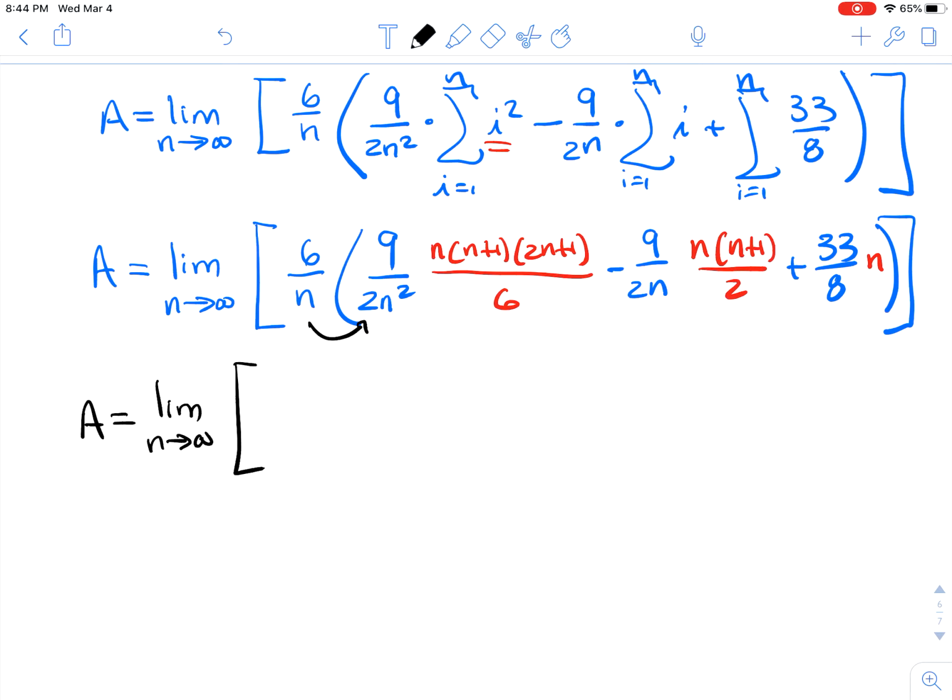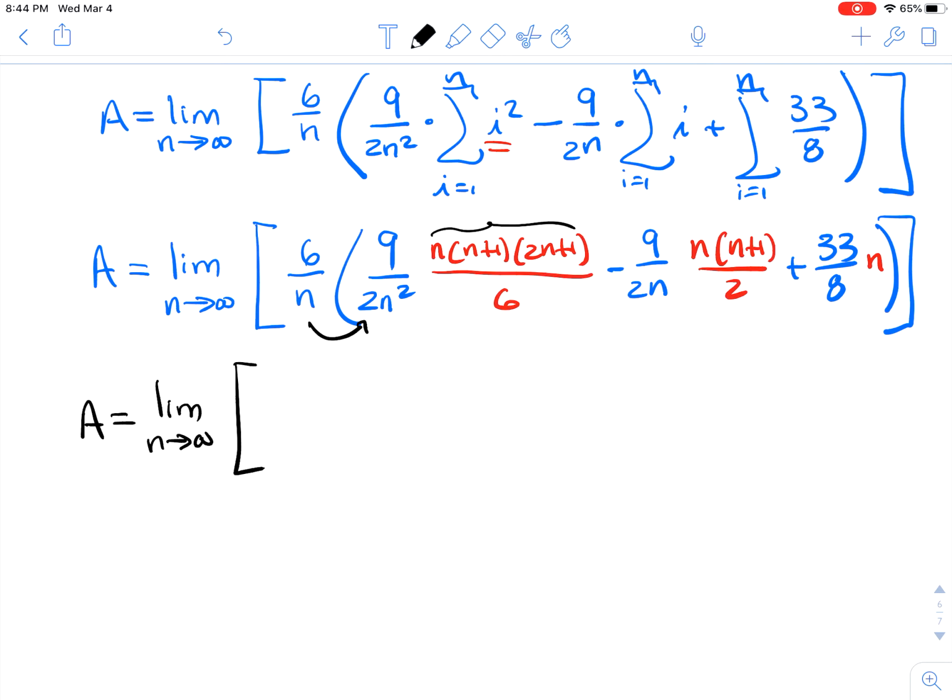As I distribute this 6 over n through here, first thing is I don't really need to FOIL all of this. When we do limits to infinity, we are only concerned with the highest exponent term in the numerator and the denominator, and we can evaluate the limits using rules that apply to rational functions.